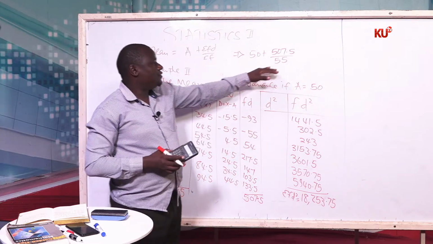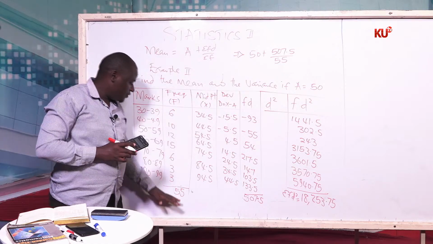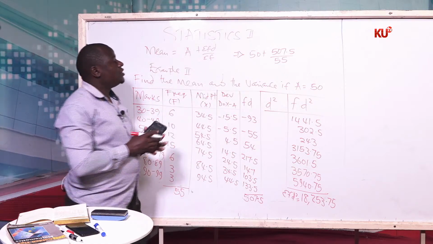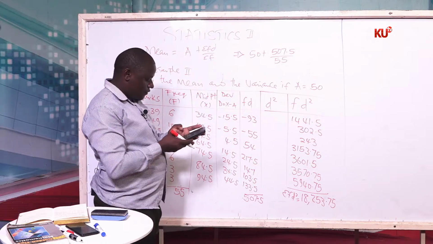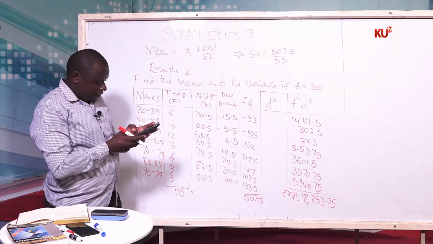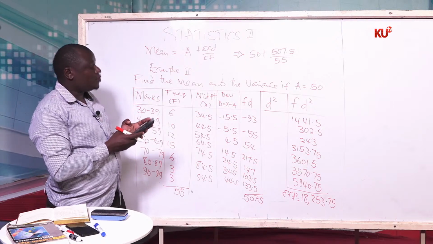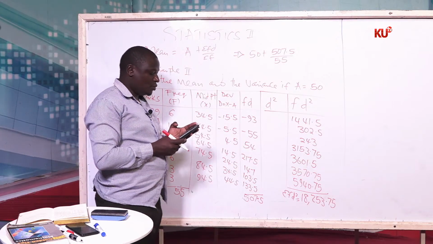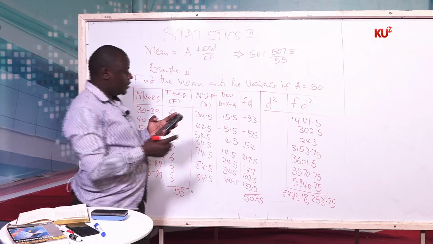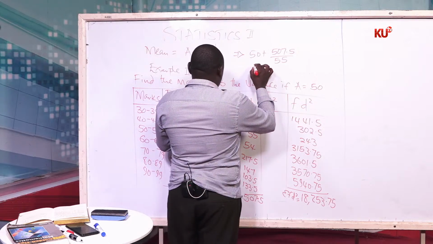Why 55? 55 is the number of entries, the number of students that we have in this class. So 507.5 divided by 55 gives you 9.227. Then you add 50.